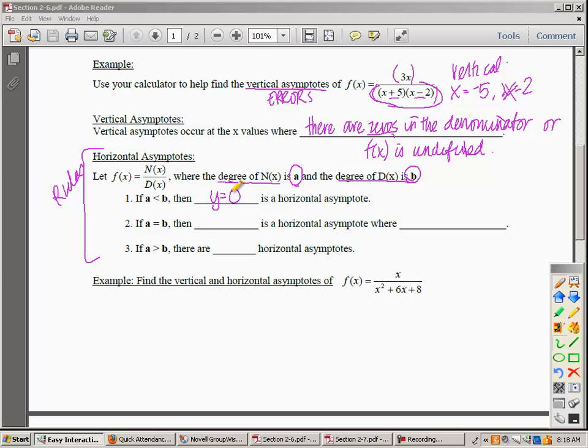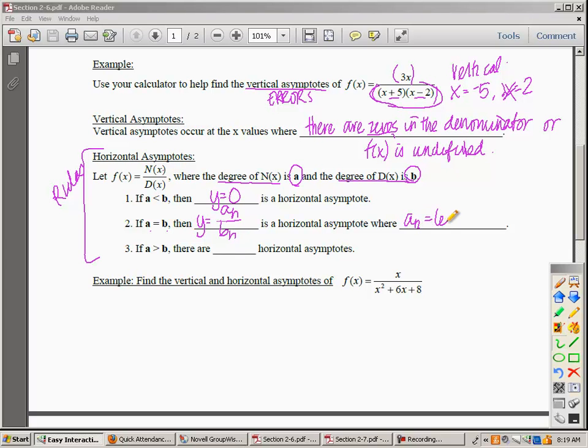If the degree on top is the same as the degree on bottom, then in order to find the asymptote, we're going to say a sub n over b sub n. Let me erase that one and try over. Okay, and here's basically what it means.